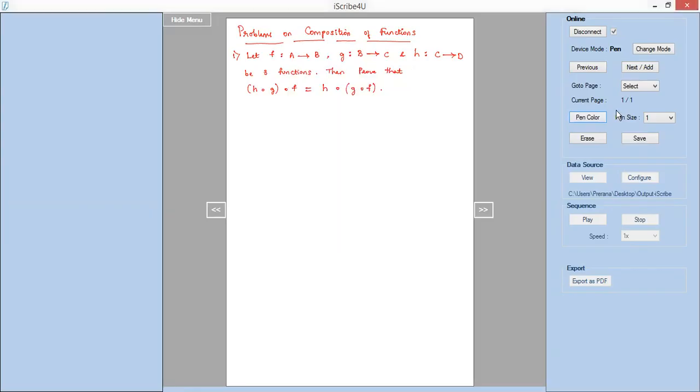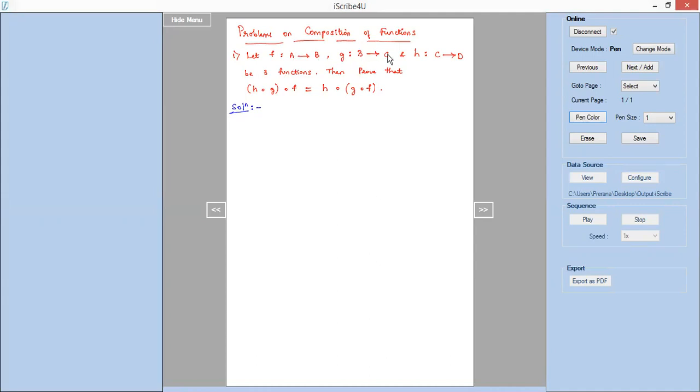So let us see the solution for the same. Solution. Now we observe that f is a function from A to B, g is a function from B to C, h is a function from C to D. So h composition g composition f, or h composition (g composition f), will all be functions from A to D. It's a kind of transitivity property application way of understanding we can apply.